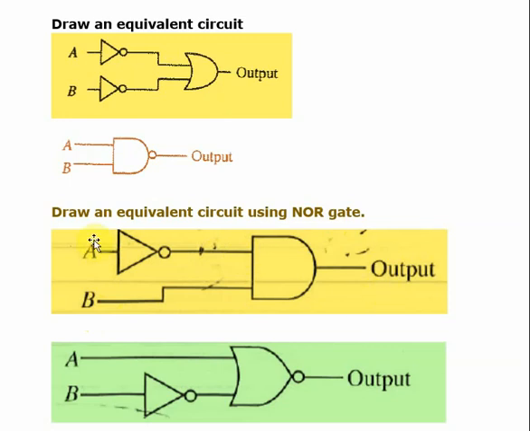So if you feed 1 and 1, it should get the 0 value. 1 and 1 should get the 0 value. Right? Here we fed 1 here. Here you fed 1. This becomes 0. This becomes 1 and 0, the AND gate is giving 0.